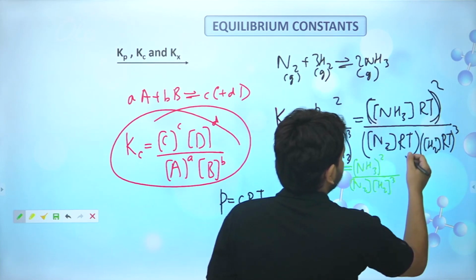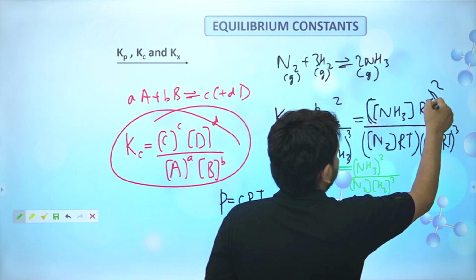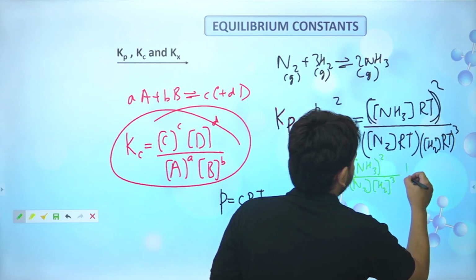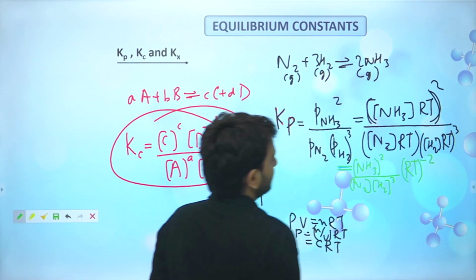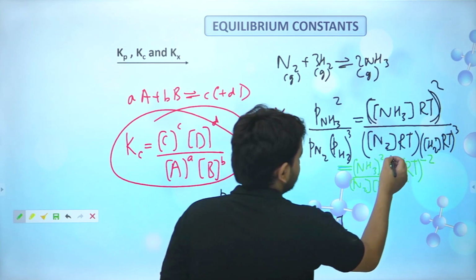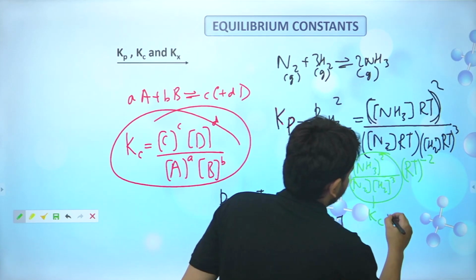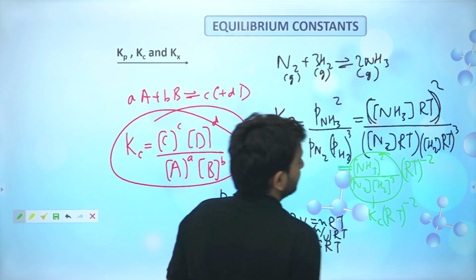And what you'll get is RT raised to the power 2 over RT raised to the power 4. So finally you get RT raised to the power minus 2. So basically this was Kc, and this is RT raised to the power minus 2.